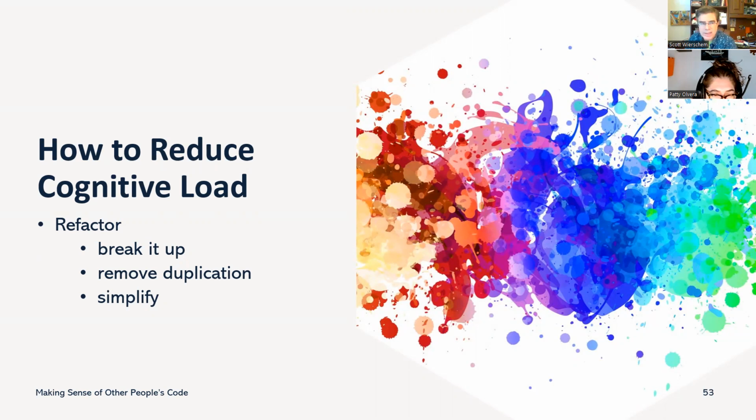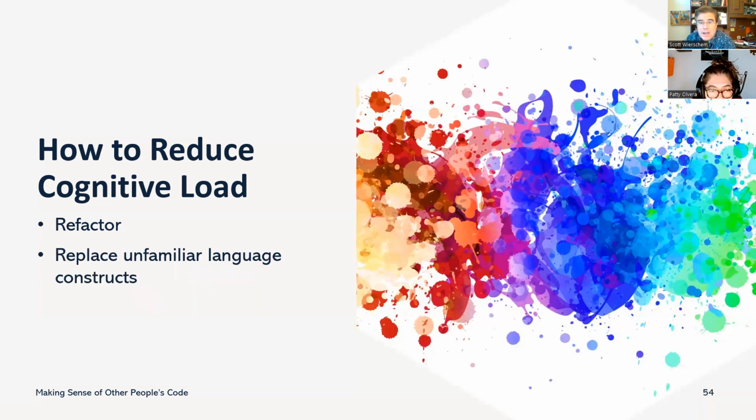You're not necessarily going to keep those changes. You reformat it to read through it, and maybe you can rename variables along the way. But when you're done, you just revert it back to how it was, so that you don't have to worry about you might have broken something in the meantime. And at this point, you're not really trying to fix something, you're just trying to understand it.